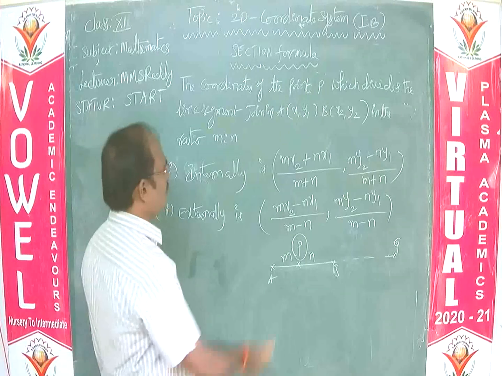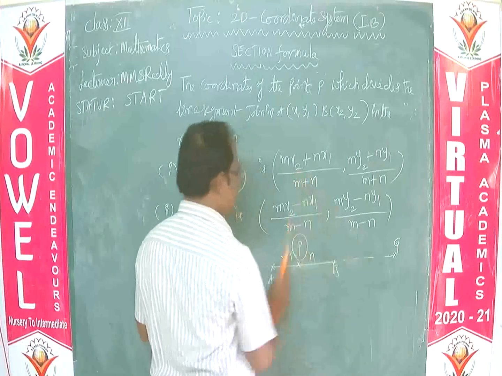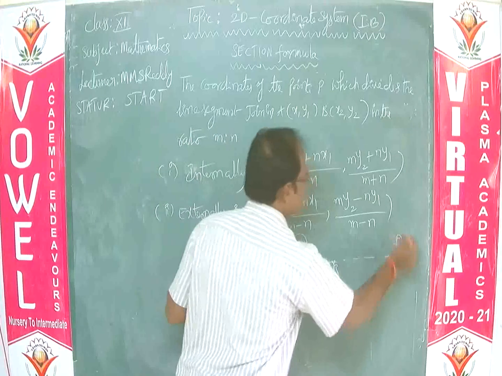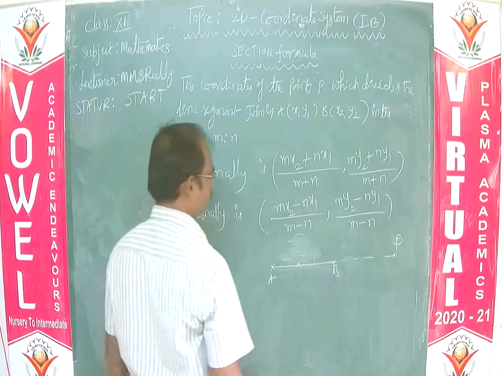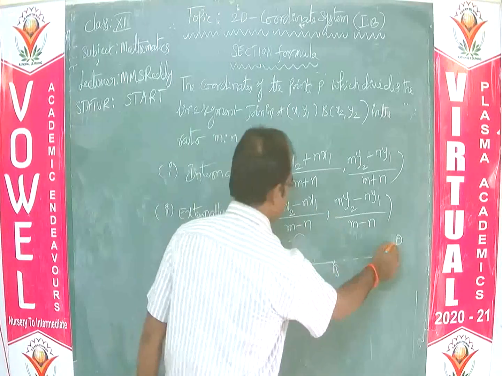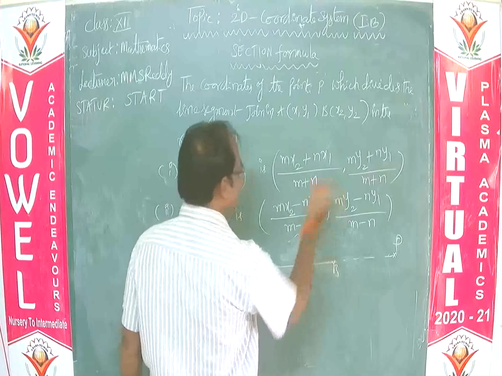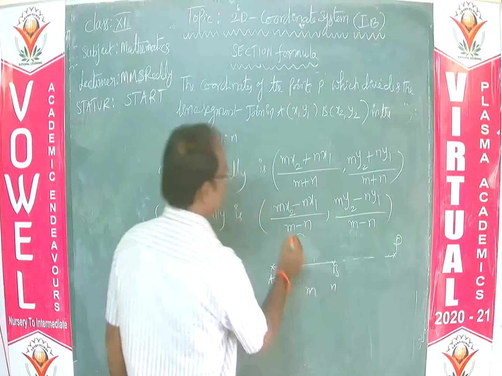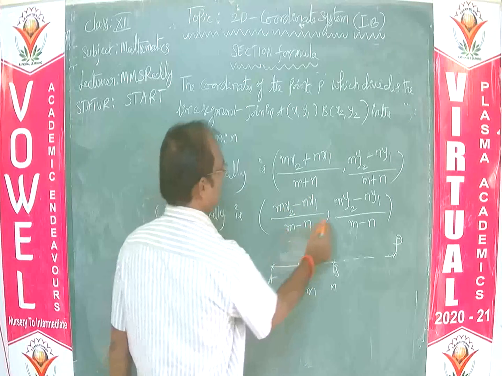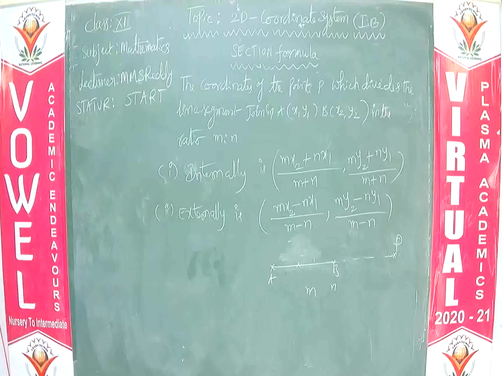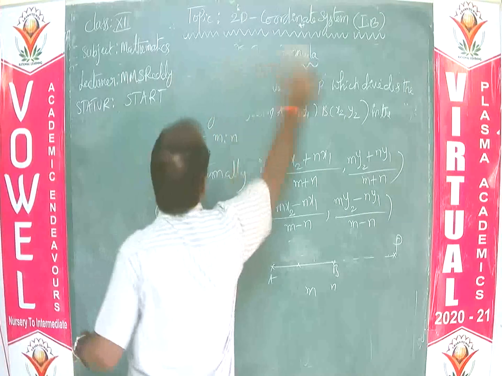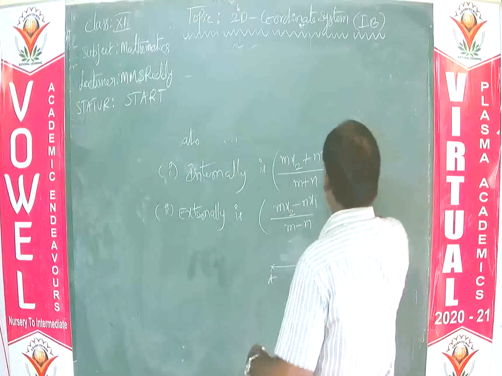Next, the coordinates of the same point P, which divides the line segment AB externally in the ratio m is to n, are (mx2 minus nx1 by m minus n, my2 minus ny1 by m minus n). So that I prove now. I prove this concept geometrically.